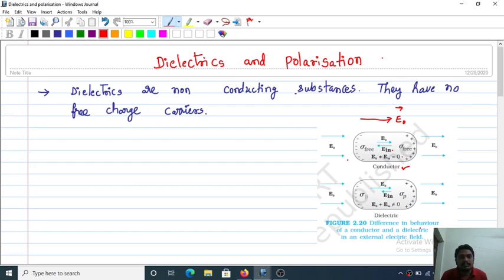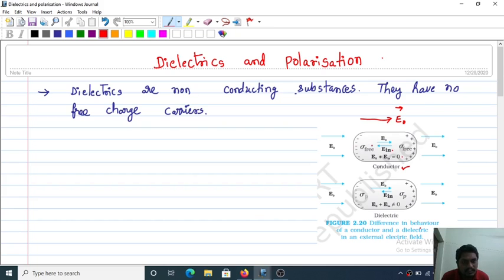This is what happens when a conductor is placed in an electric field, as already discussed in electrostatics of conductors. The field inside the conductor is 0 because induced charges appear here.